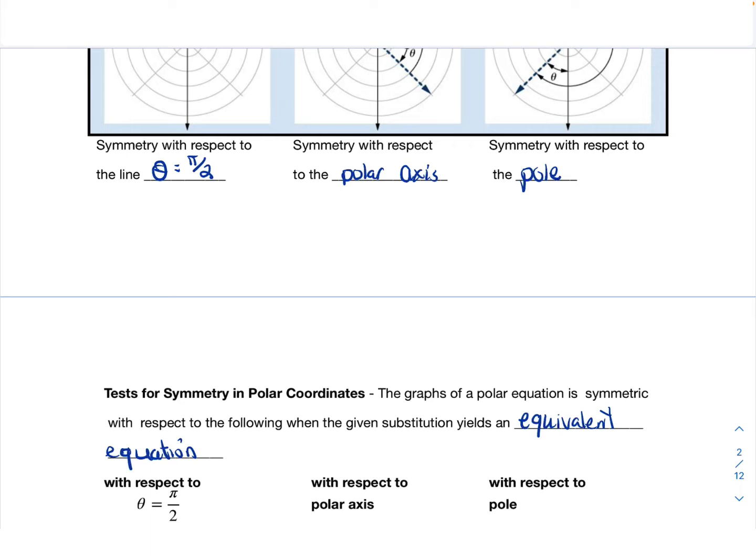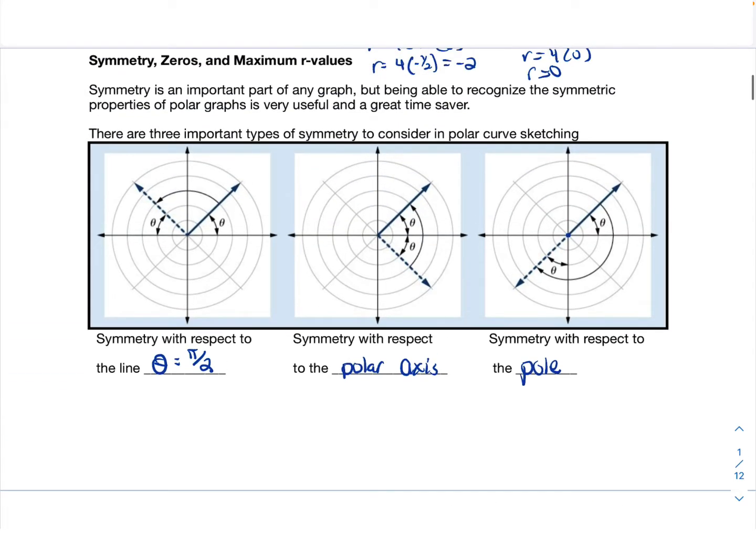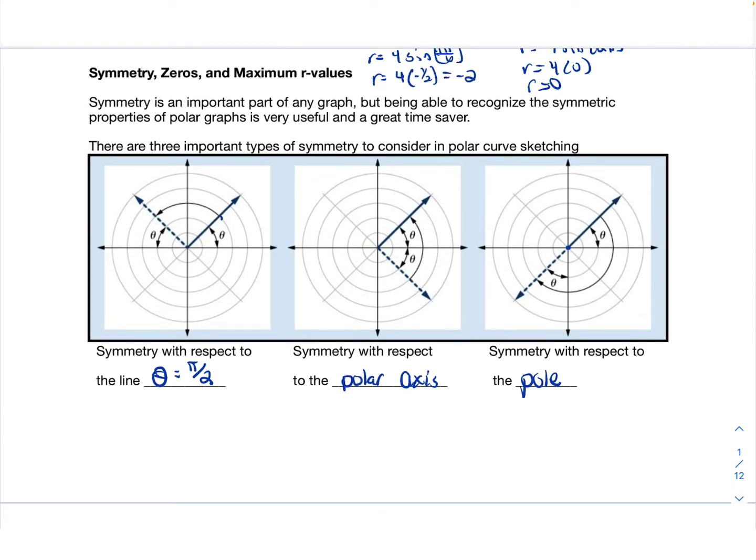So if we wanted to test for symmetry with respect to the line theta equals pi over 2, notice that if I have this point here, (r, theta), this opposite point over here has the same radius r, but it has a reference angle of theta in quadrant 2. Remember how we find that reference angle? That's going to be pi minus theta. So the point (r, pi minus theta) will be on the graph if it's symmetric.